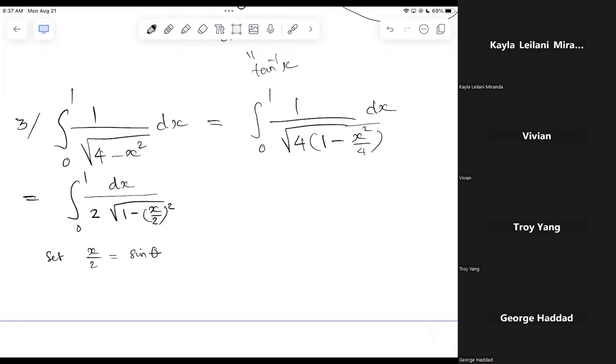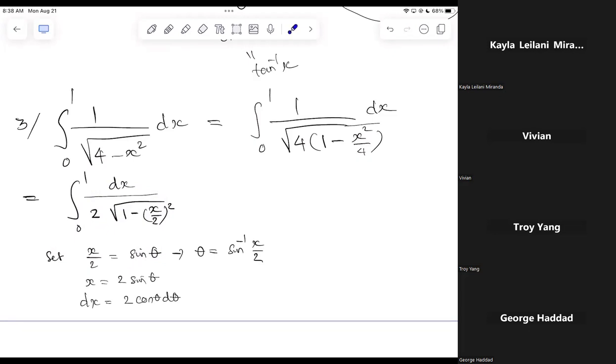I set x over 2 equal to sine theta, and then I need to replace x, everything in x becomes theta. So x equals 2 sine theta. So what is dx? It's just 2 cosine theta d theta.